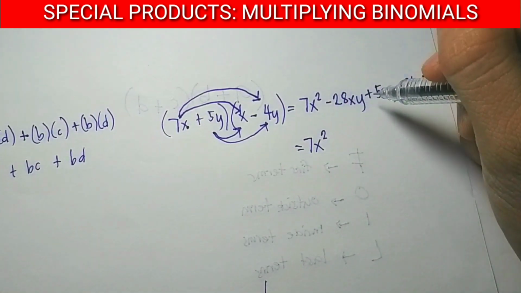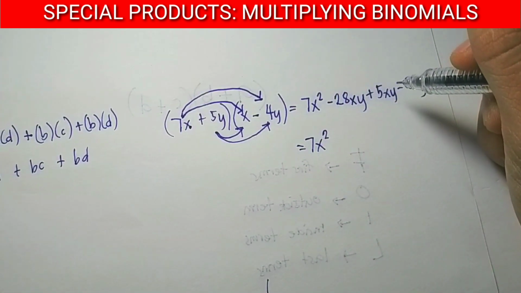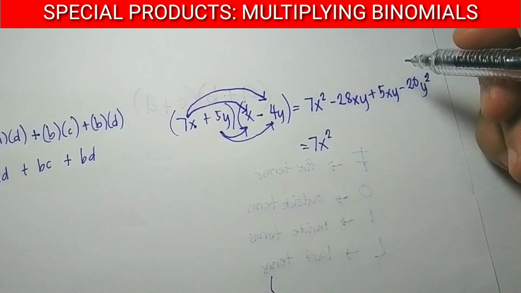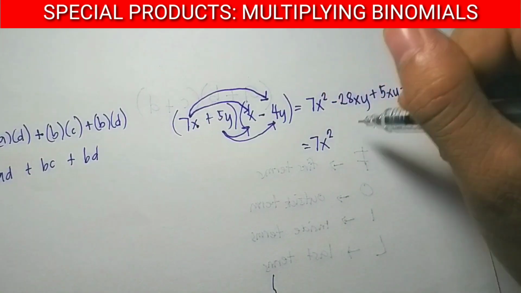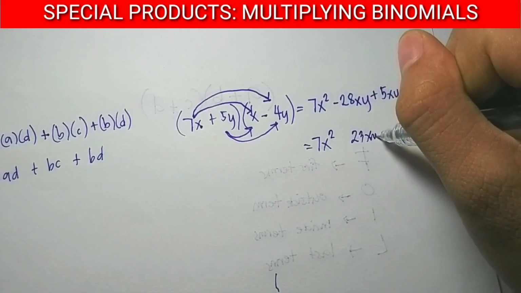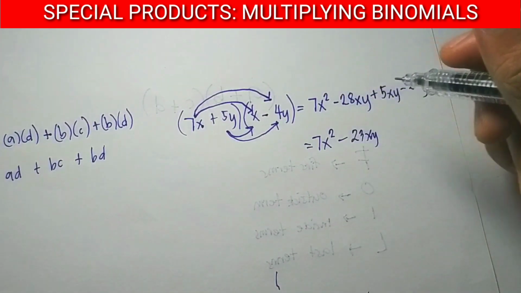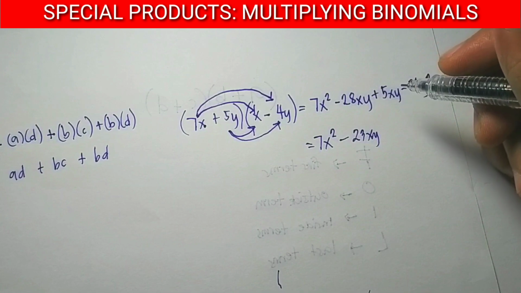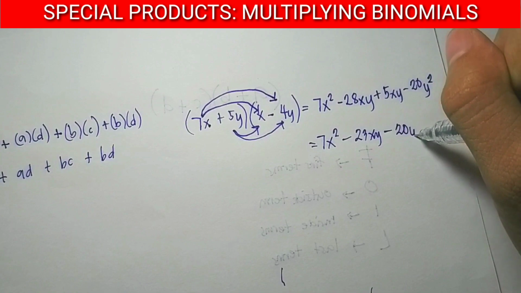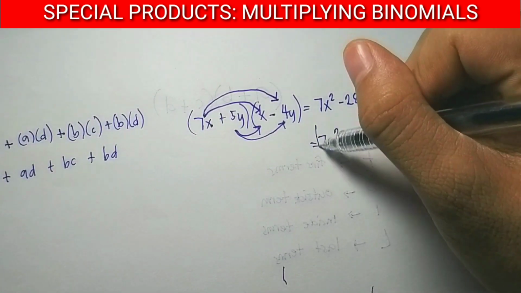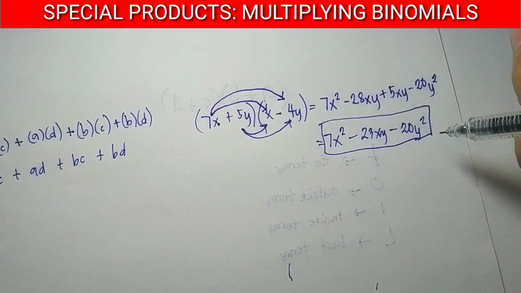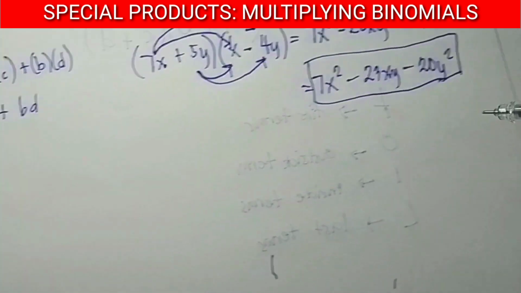O, kini si negative 28xy plus 5xy. Di man sa parihaog sign. So, ato na sang i-minus. Unya, sundo na to ang sign sa dako nga number. So, pag minus na to, that is 23xy. Unya, ang sign sa dako nga number is negative. So, mahimon na siyang minus 23xy. Unya, minus dayon sa nabilin 20y squared. So, this is now the product of 7x plus 5y times x minus 4y.